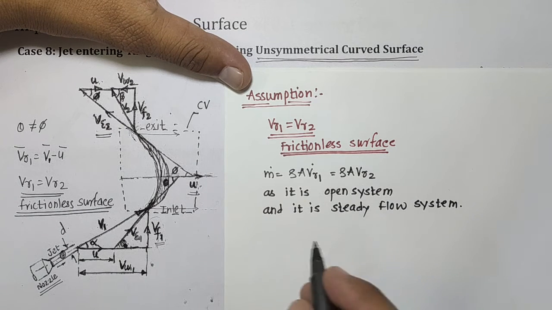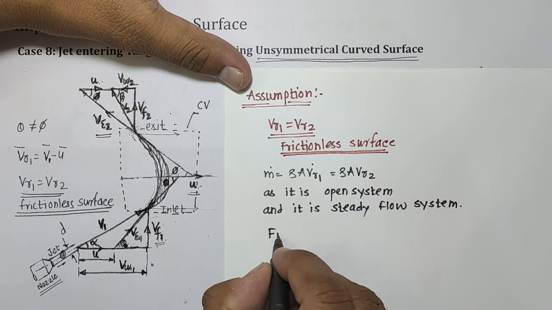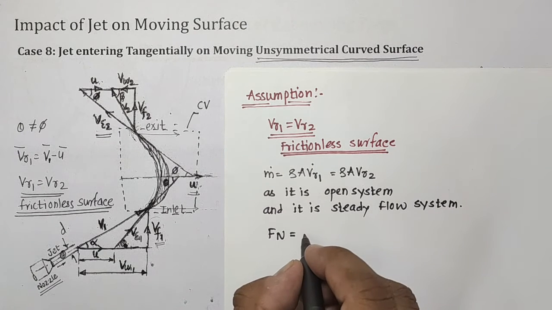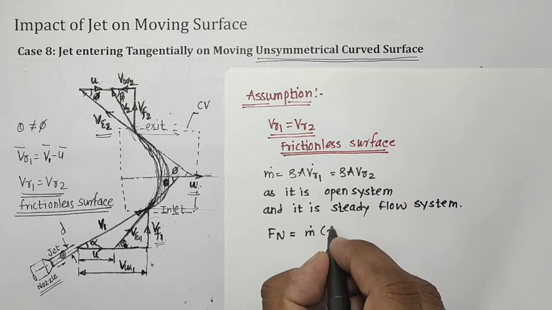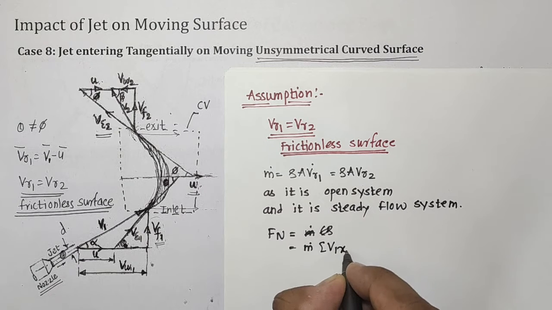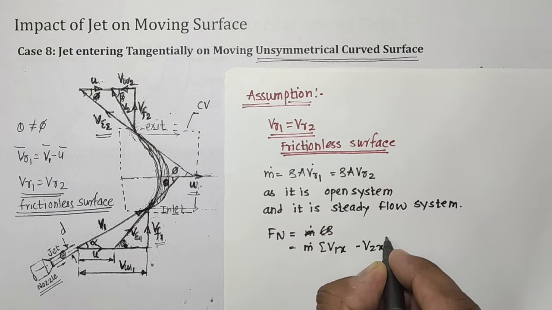Now we will see the force exerted, Fn. Fn stands for what? Basically normal force. So normal force is caused because of, first of all we will write that equation. Fn is equal to m dot (v1x minus v2x).